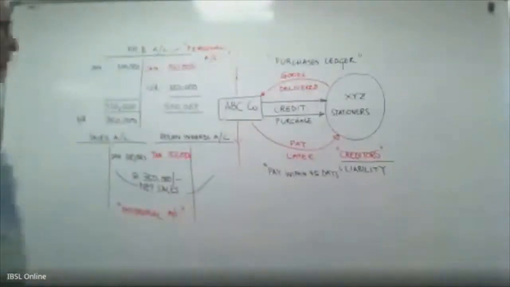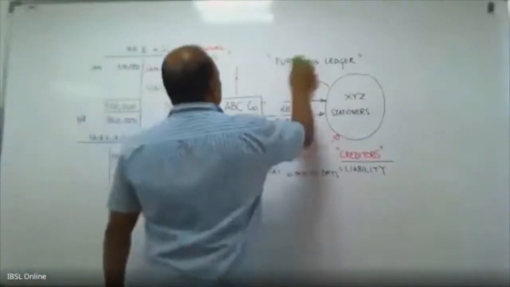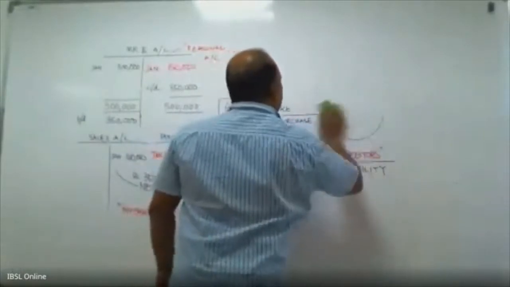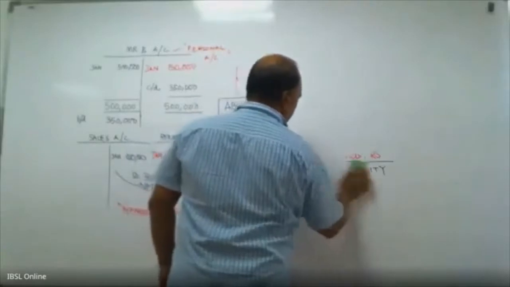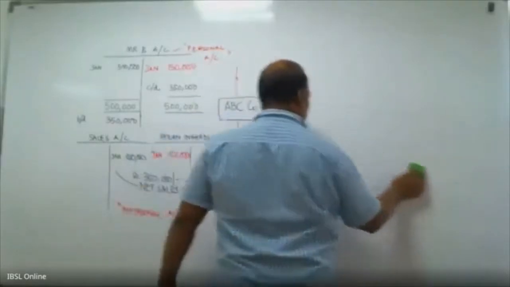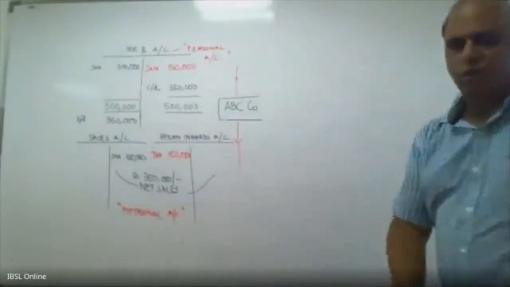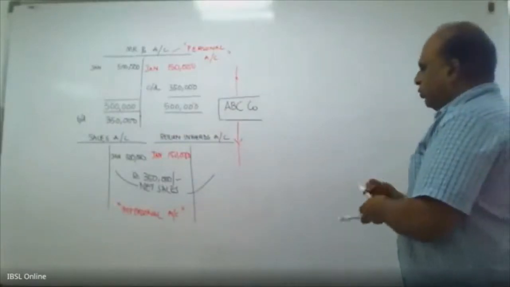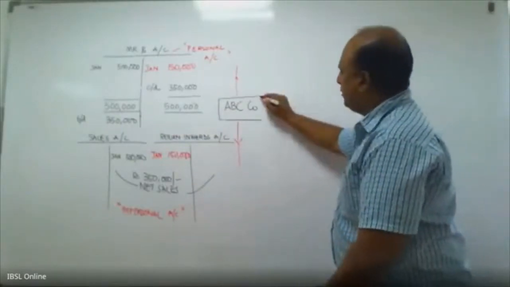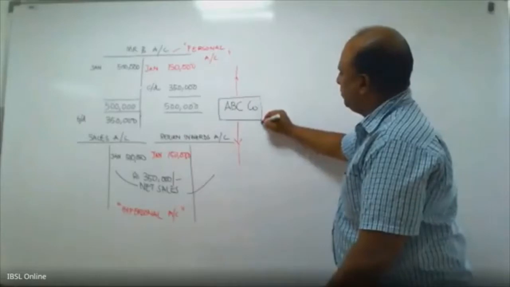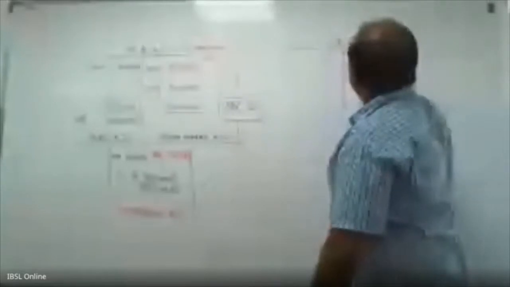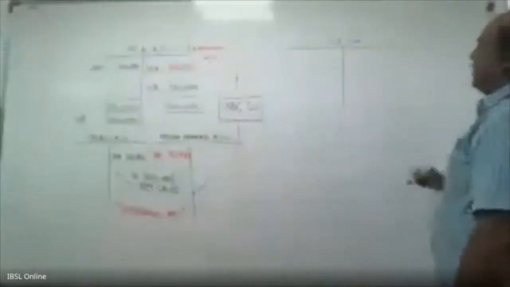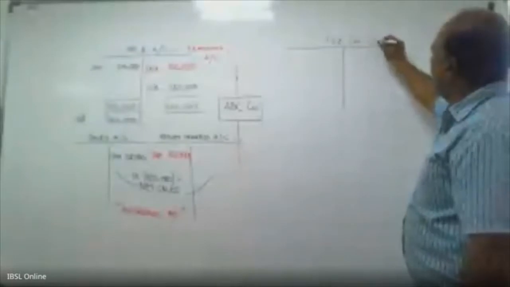Okay, right. Now let's look at the creditor. So now ABC company is going to do a purchase from XYZ company.